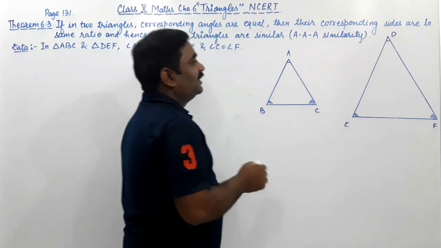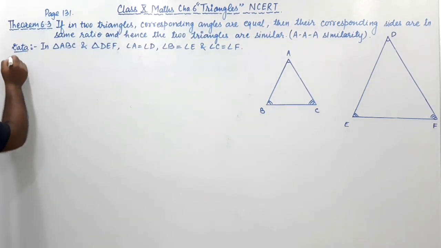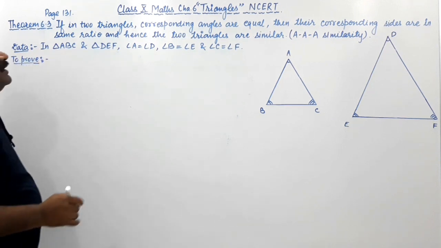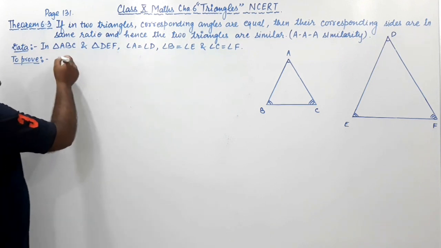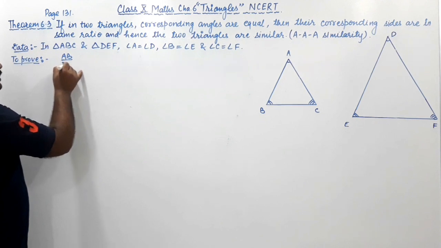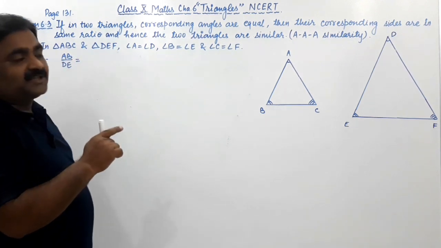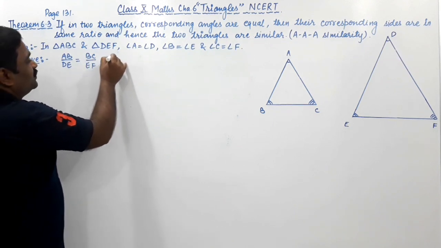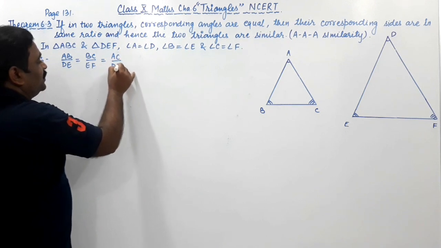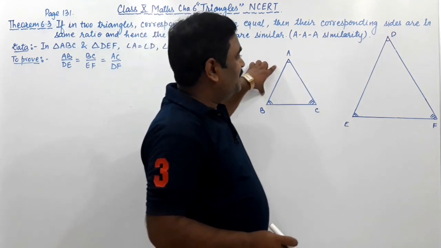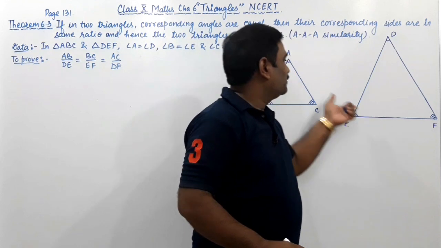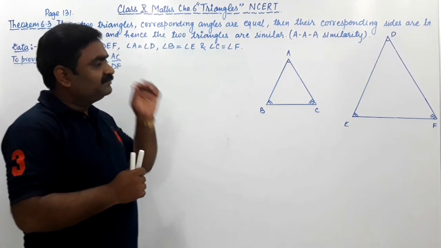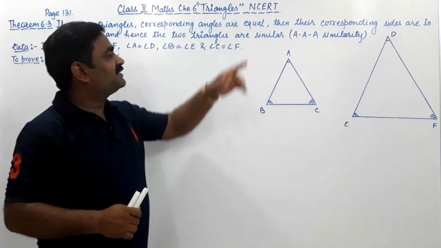Okay, now what are we going to prove? We are going to prove that their corresponding sides are in the same ratio, means AB is to DE equals BC is to EF equals AC is to DF. This we are going to prove, friends. To prove this theorem, it is also given that these two triangles are similar.